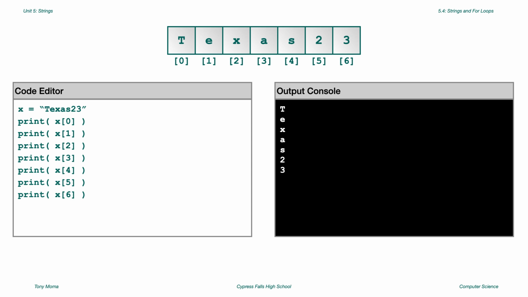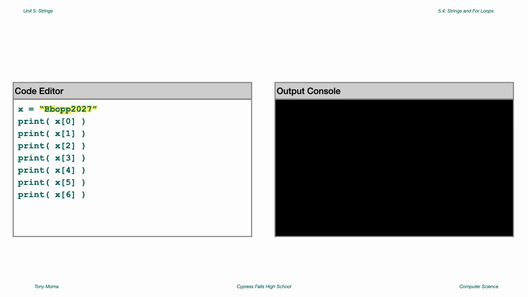However, there is an issue with how we're doing it in this example. To illustrate why, imagine I were to come back to this code tomorrow and change the value in the string to a different value. Now my string has more characters. Thus, if my goal is still to process each individual character, I'm now going to have to add more print statements. Likewise, suppose I were to come back to this code and change it to a string of smaller length.